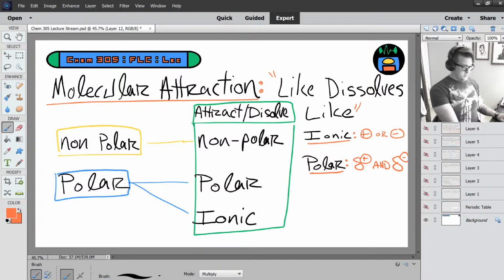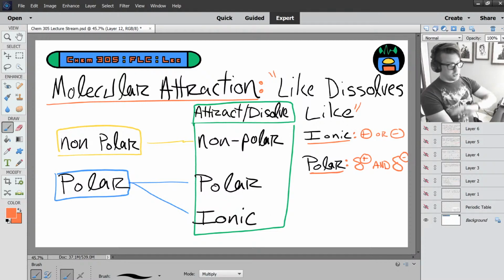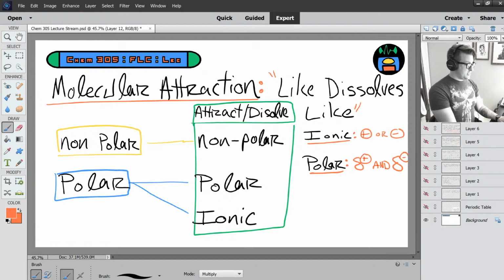Okay. This is the official end of chapter 5. Again, we'll be talking more about molecular attraction later in the summer session. But it gets introduced here because it's a natural outworking of molecular polarity.